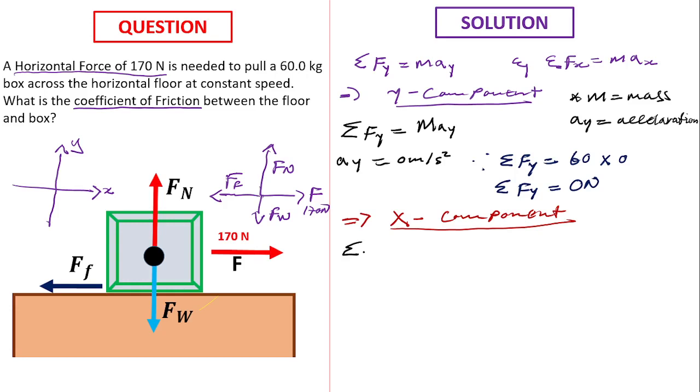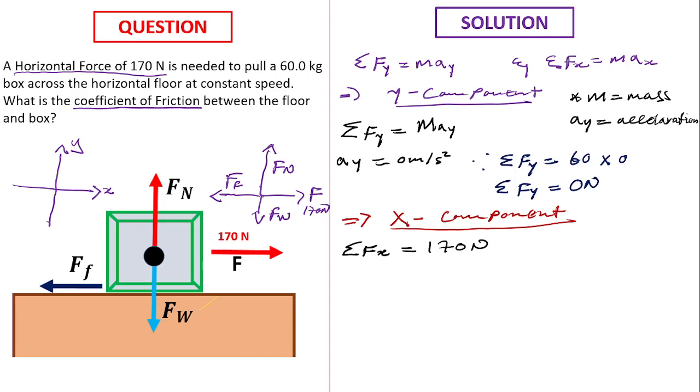The summation of forces in the x component is equal to, you're just going to find the same guy which we have. The same guy which we have is 170 Newton, isn't it? So we have 170 Newton, which is the force, this force here.